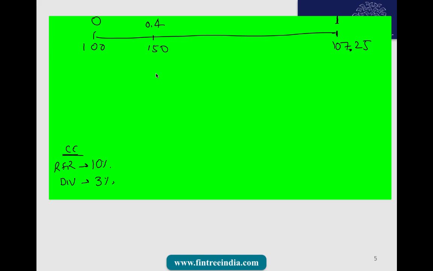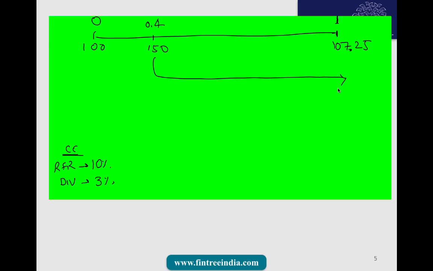Again, we know that if the spot price increases, the long on this contract is going to make some profit. Now how would we deal with this question? We will find out what should be the no arbitrage forward price going further. So this time around we will say 7% into 0.6, because the remaining period is only 0.6.